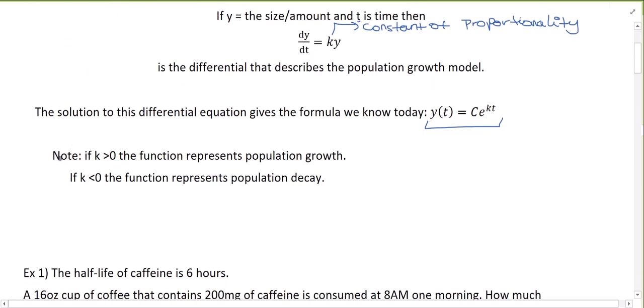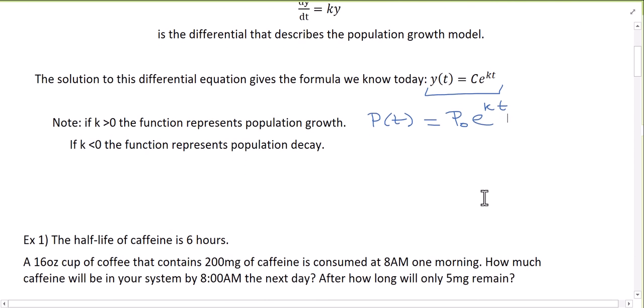If k is positive, the function represents population growth, and the formula you might see in this case is P of t equals P naught, the initial population, times e to the kt. If k is negative, the function represents population decay, and that one is just usually the c e to the kt function where, when you solve for k, k will be negative.